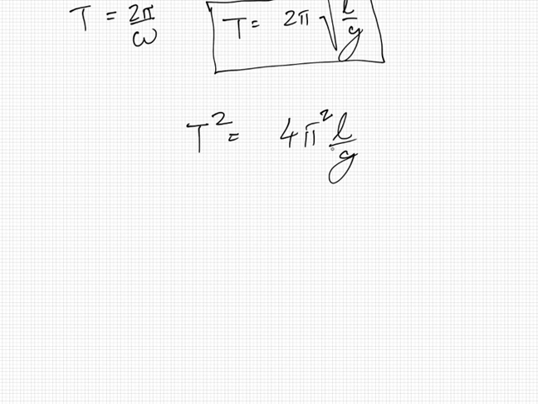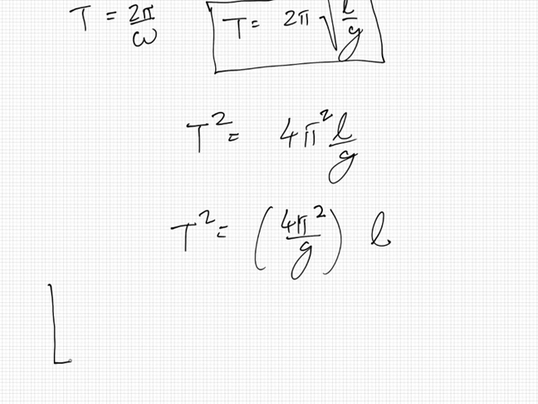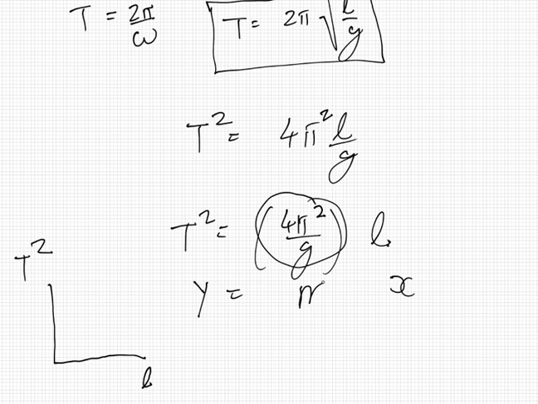I can leave it like this: T squared equals 4 pi squared over g times L. If I draw a graph with T squared here as y and L as x, then this piece here is the slope of the graph. It should go through the origin.